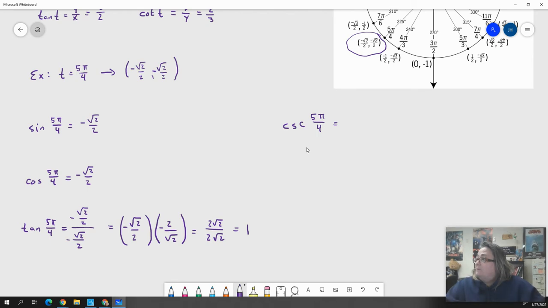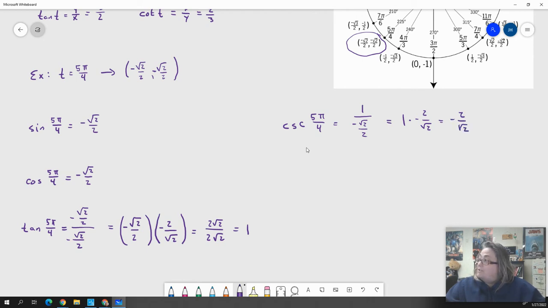But ultimately what we're saying is it's going to be 1 over negative radical 2 over 2, right? Which is the same as saying 1 times the reciprocal of this fraction, which is negative 2 over rad 2, which gives me negative 2 over rad 2, like so.